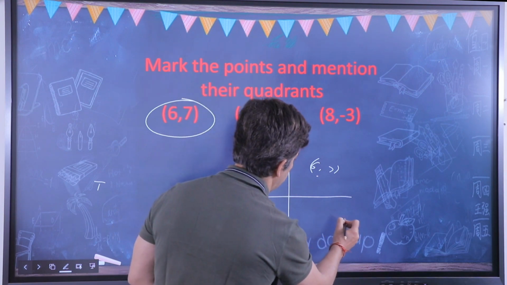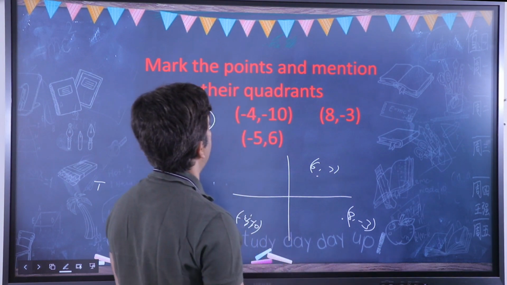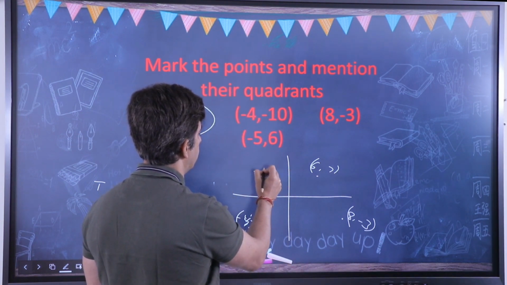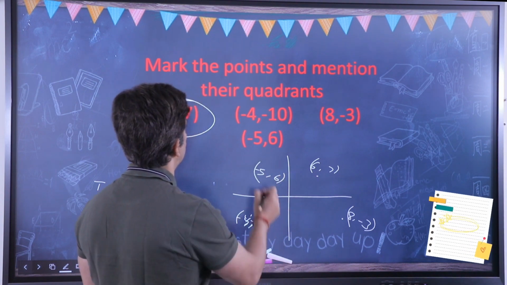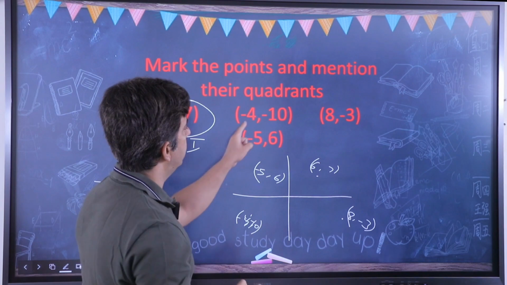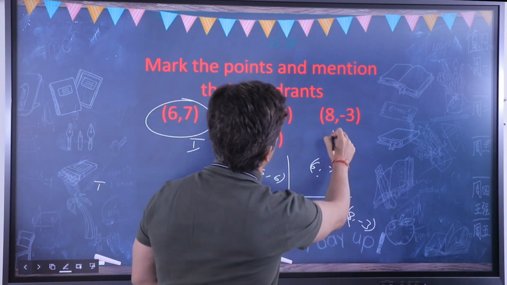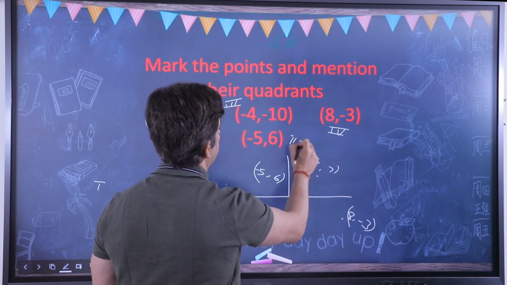So somewhere here it would be 8, minus 3. And similarly minus 5, 6 would be somewhere here. This point was in the first quadrant. This point was in the third quadrant. This in the fourth quadrant. And this one was in the second quadrant.